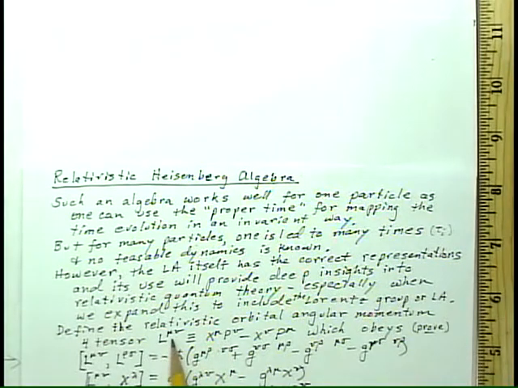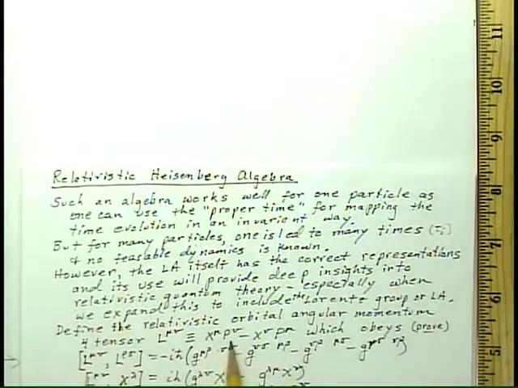This tensor will be defined as L mu nu, and you'll notice we will not use any vector notation, because the epsilon symbol does not give us a vector for the angular momentum in a theory of relativity. L mu nu is defined as x mu p nu minus x nu p mu. It's obvious that this generalizes for L ij to the old angular momentum tensor that we have been working with all along.